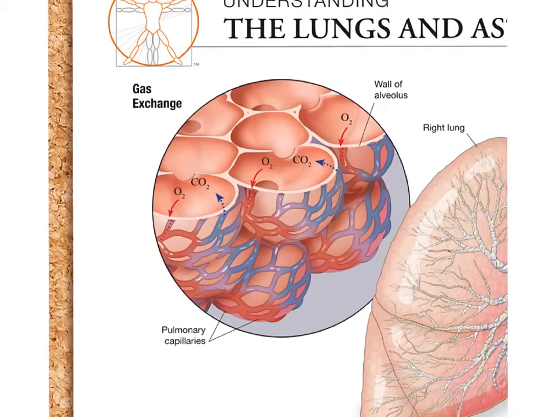Here you see a cross-section cutaway, a kind of zoomed-in view of pulmonary capillaries surrounding the alveoli. And each alveolus is surrounded by multiple capillaries. The key thing to know here is that this interface is only a cell or two thick.